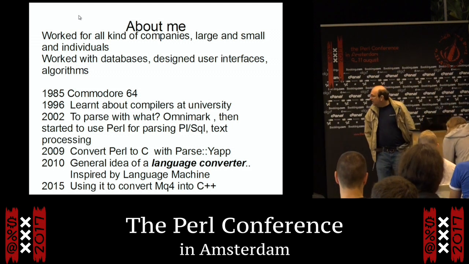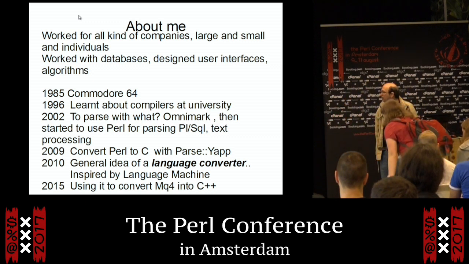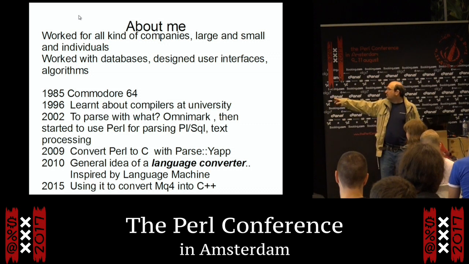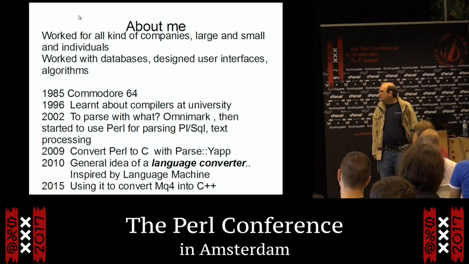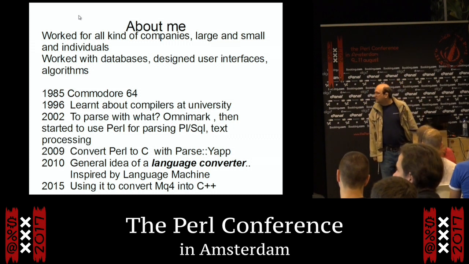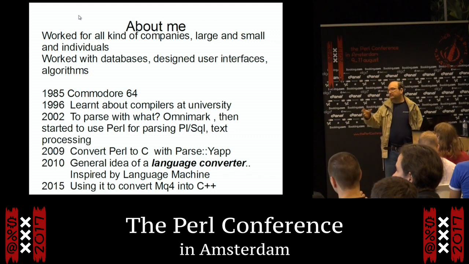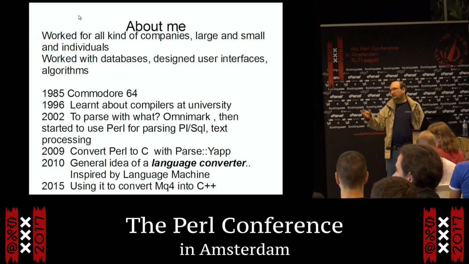The idea of a language converter started to take shape in my mind, and what helped me is a project called Language Machine. I like the idea outlined there, which has a different syntax than parsers normally do. Normally parsers have the result on the left side, and what you want to match on the right side.